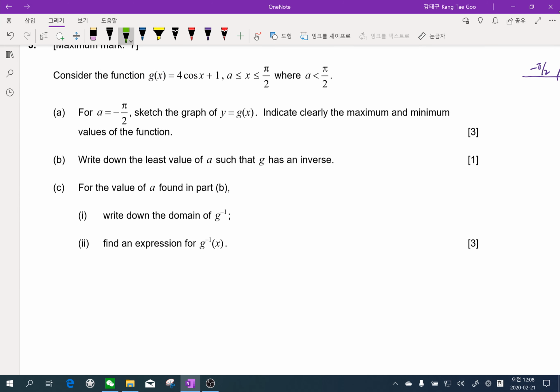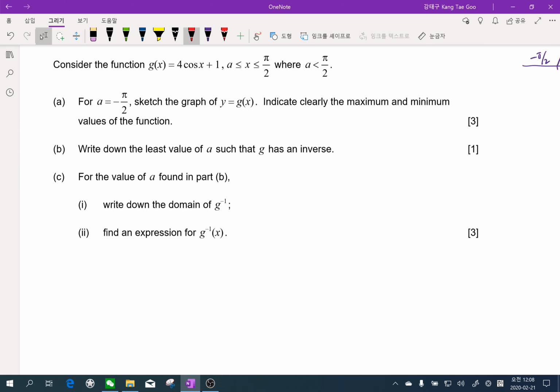a is minus half, which means the domain here is negative pi to pi over 2, and there is no horizontal translation. We only have the vertical translation, which means here we have y = 1. For the top side we add 4, so we have 5.